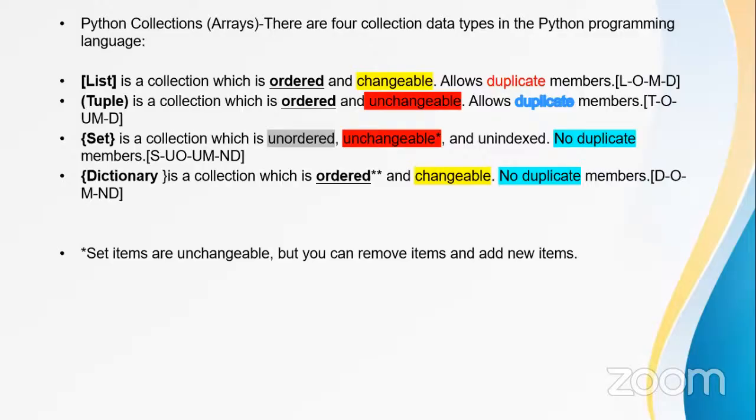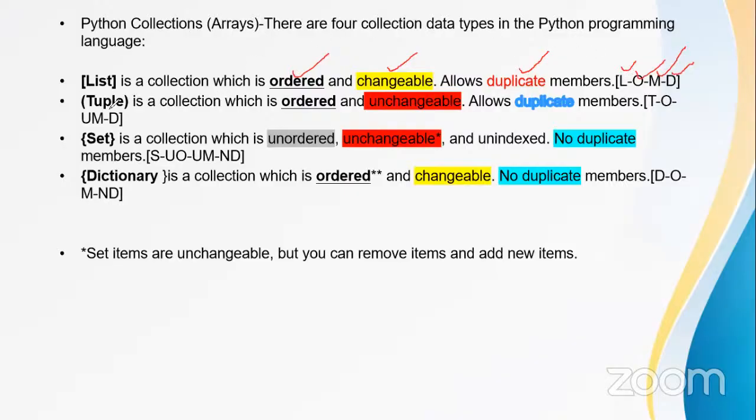Student number 1's mark, student number 2's mark, student number 3's mark, right? So list is always ordered. After taking the list, I can easily remove, add some values, right? Some marks may be repeated. It allows that. So list is ordered, changeable, mutable, allows duplicates.